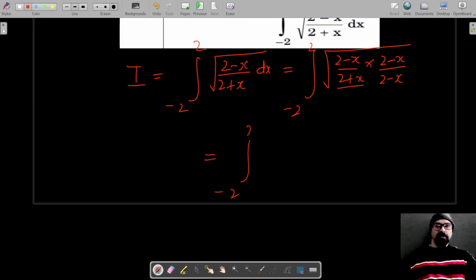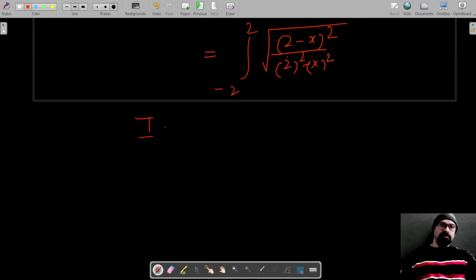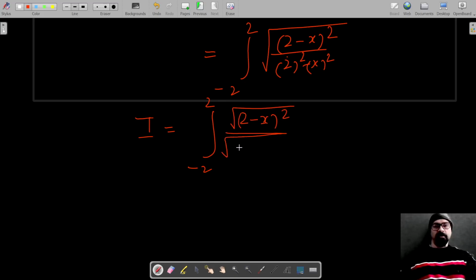Which gives us -2 to 2, under root (2 minus x) the whole square upon, this is now a square minus b square. And finally, our integral is I is equal to -2 to 2, under root (2 minus x) the whole square upon under root of 2 square minus x square.